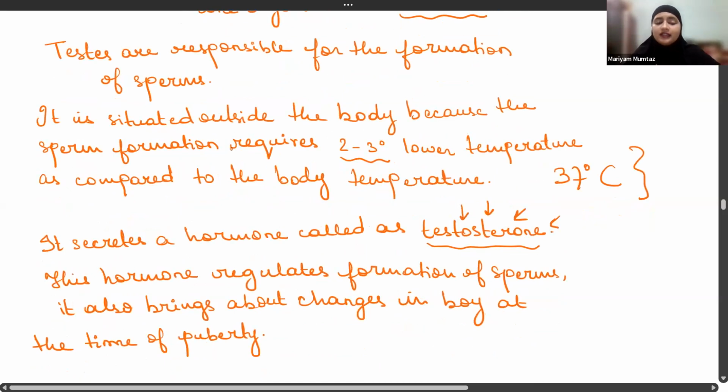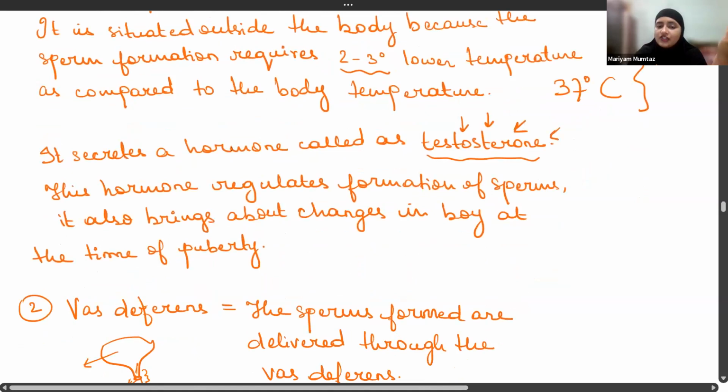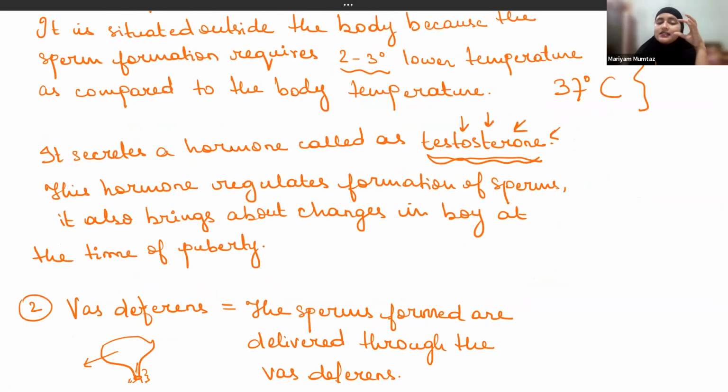Now, apart from that, the testes are also responsible for the secretion of a hormone which is known as testosterone. This is the male hormone, and this hormone is responsible for the regulation of formation of sperms. It brings about the changes in boy at the time of puberty.